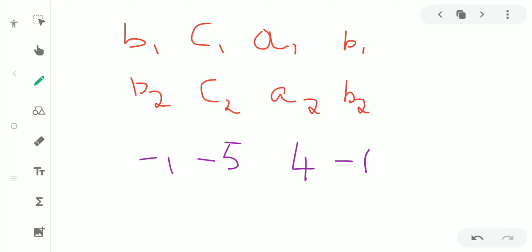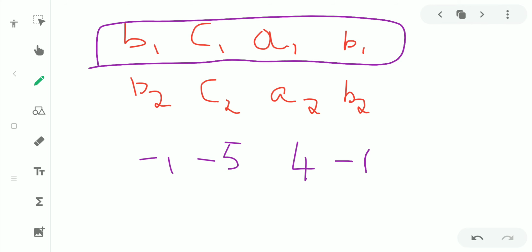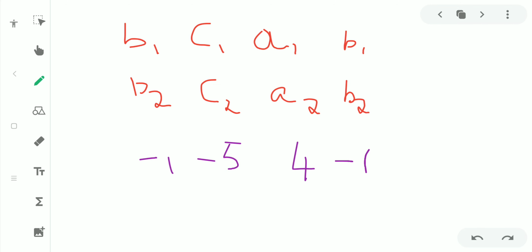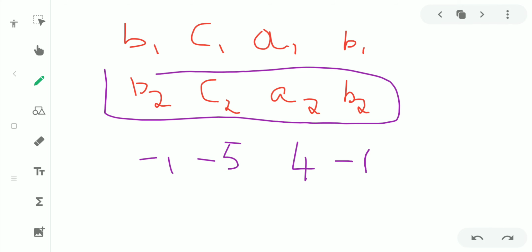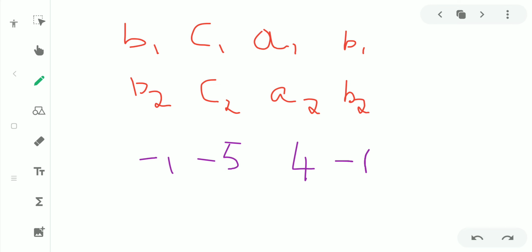So the first part of this formula is completed. So now let's do the second part of the formula, that is B2, C2, A2 and B2.